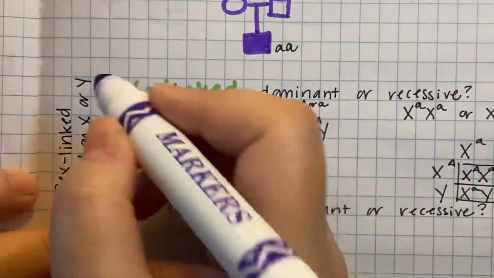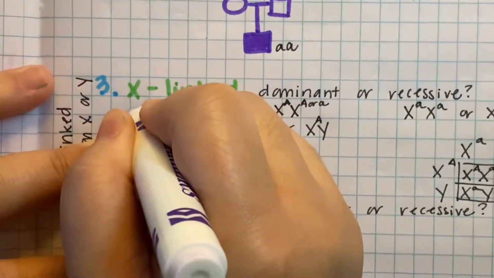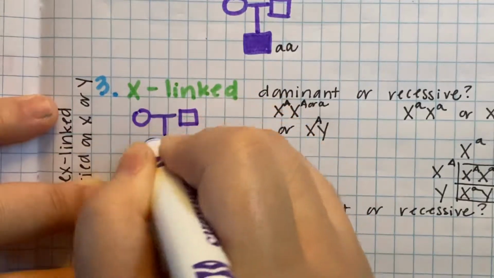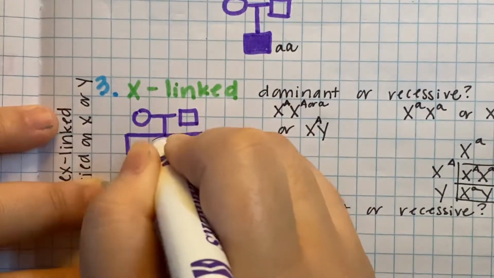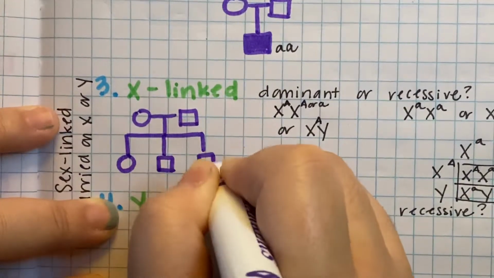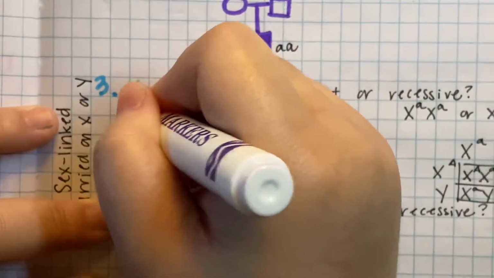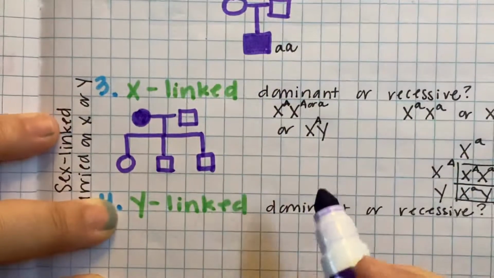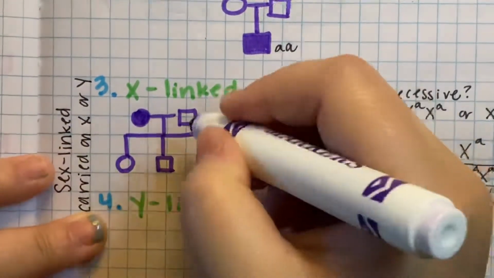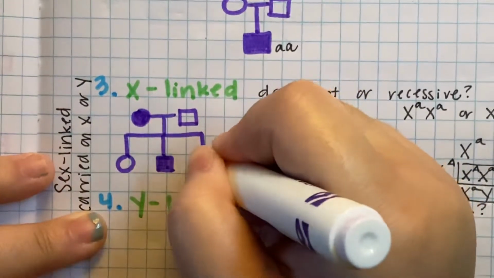So you can look for moms who are affected or carriers. So they could either be shaded or half shaded, and then all of her sons are shaded.